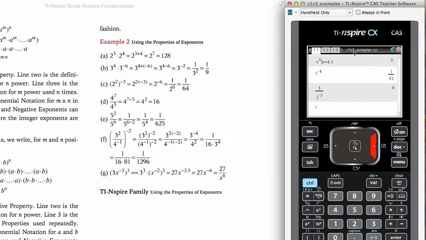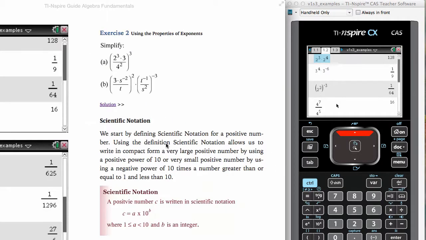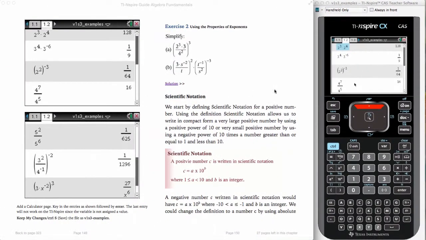I've now loaded our calculator with the problems from chapter 3 of volume 1. So if I want to move to the next tab, and then scroll up and down, I can see all these various problems worked out on my calculator. Again, the guide will show you the same thing that you see here on your calculator.